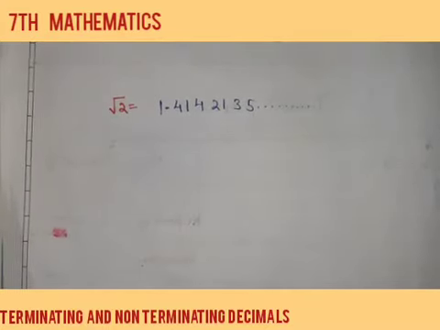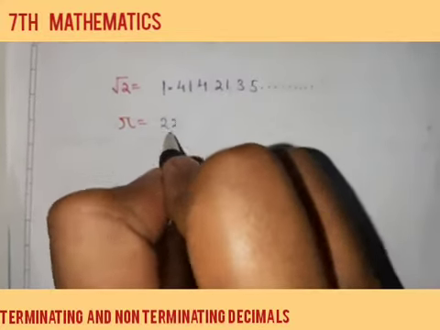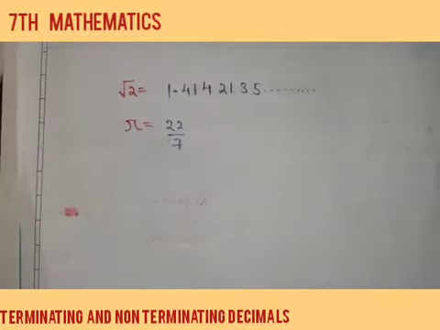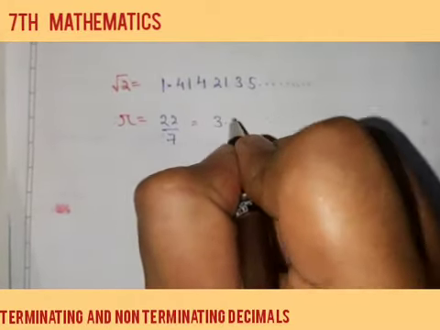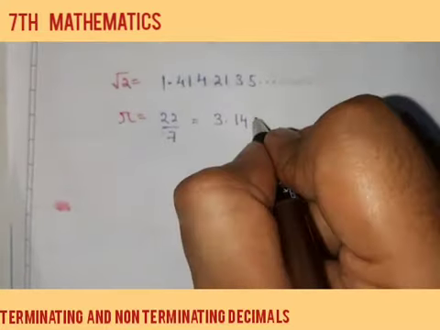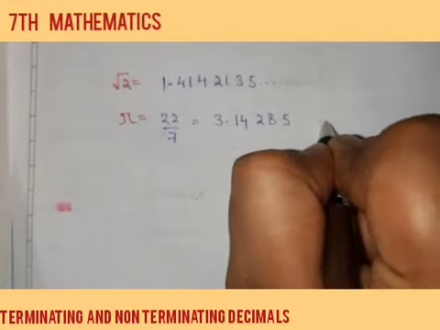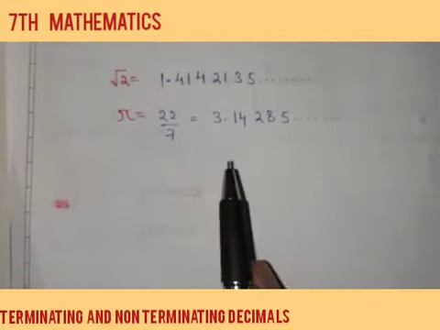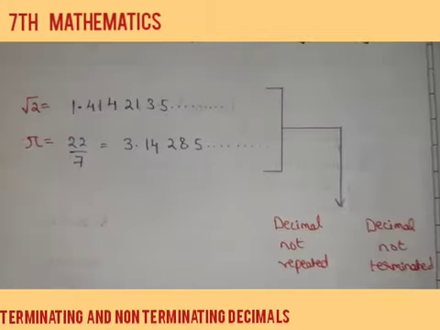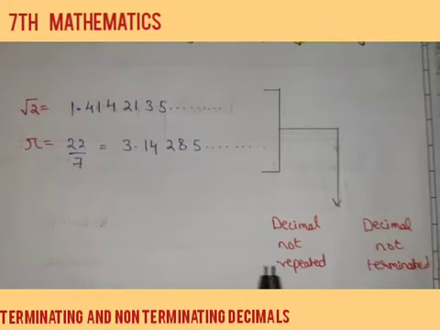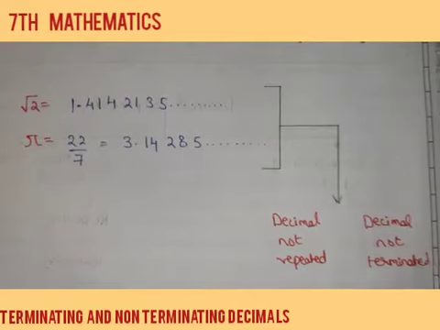Let's take one more example. Pi, we know its value is 22 upon 7, or we can simplify it as 3.14285 and so on. That means once again neither the digits are getting repeated nor is it coming to an end.